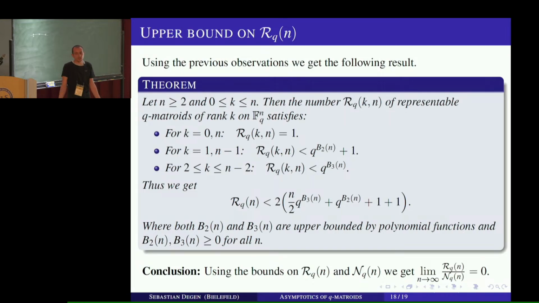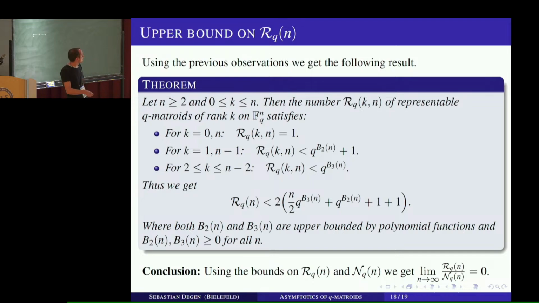It is representable, and it is the uniform q-matroid U_{0,n} or U_{n,n}, also called the free and trivial q-matroid. In the case k is 1 or n minus 1, we can bound this number by q to the b_2 n plus 1 for some exponent b_2. And in all the other cases, we can bound it by this expression here.